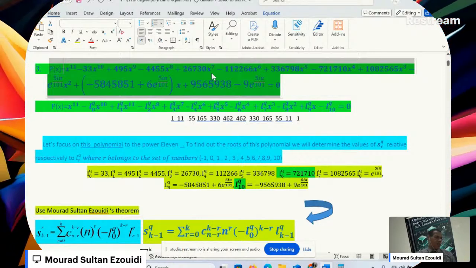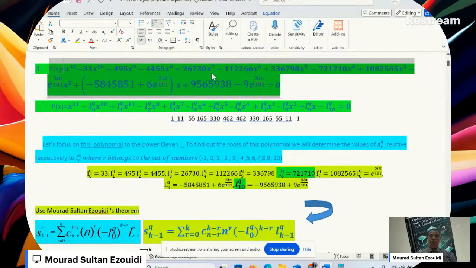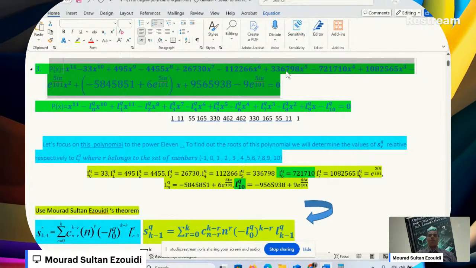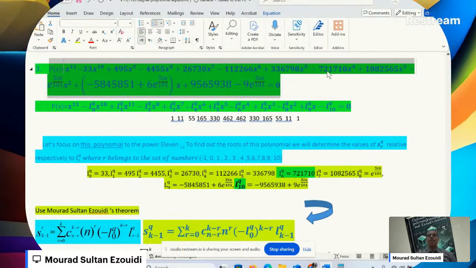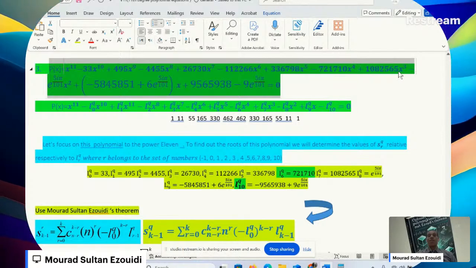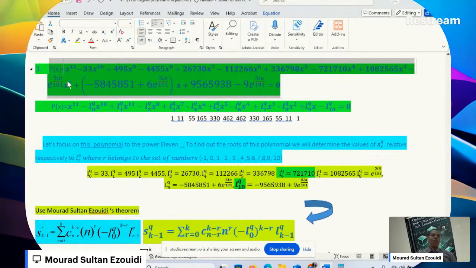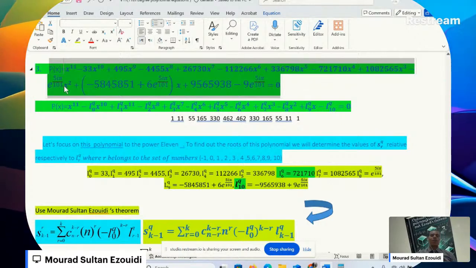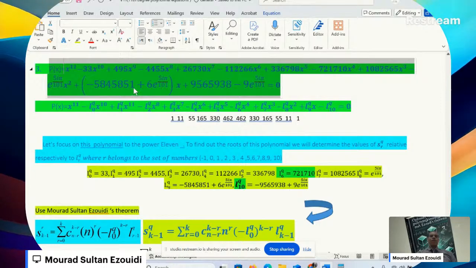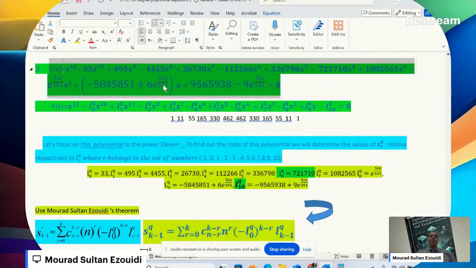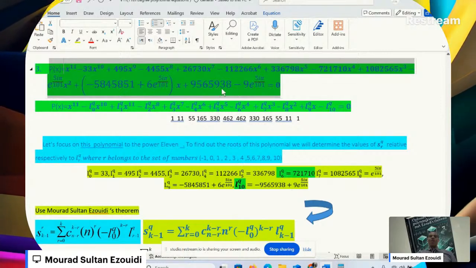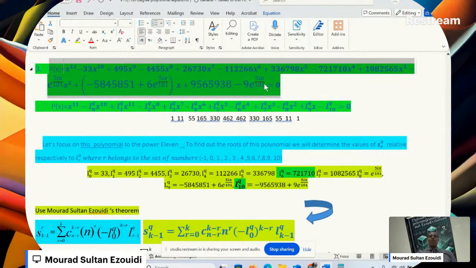So you can see the coefficients of this 11-degree equation, and plus 336,798x raised to the power 5 minus 721,710x raised to the power 4 plus 1,082,565x cubed minus exponential 5iπ divided by 101 times the square of x, minus, between parentheses, negative 5,845,851 plus 6 times exponential 5iπ divided by 101, all times x, plus 9,565,938 minus 9 exponential 5iπ divided by 100.